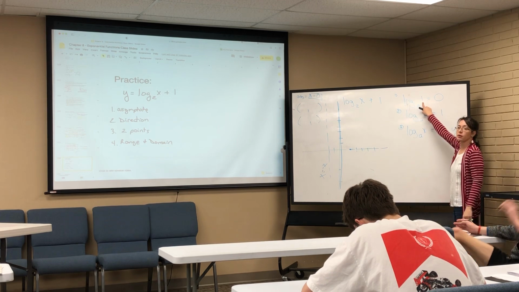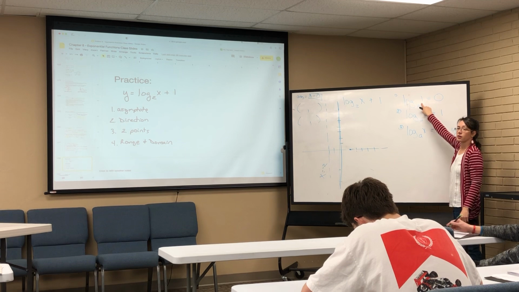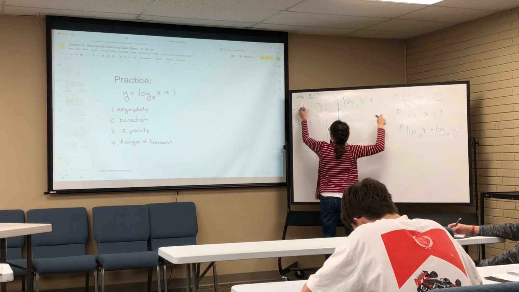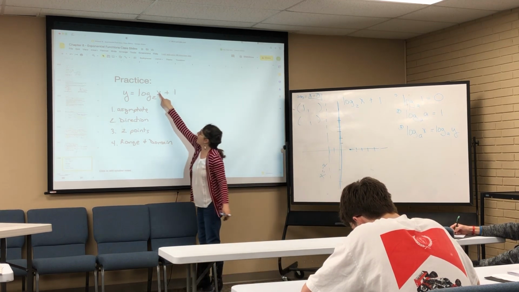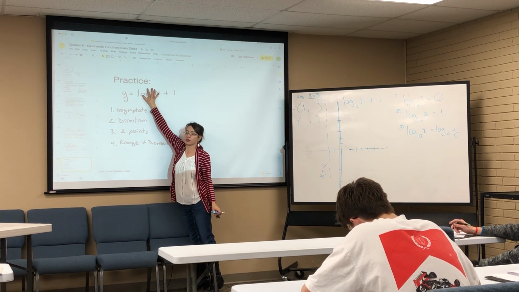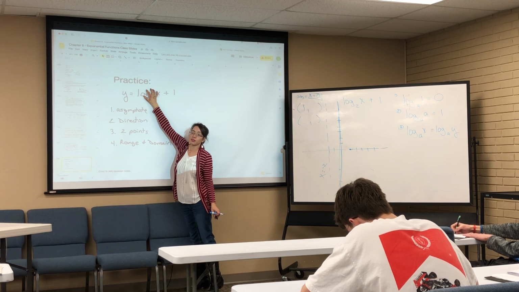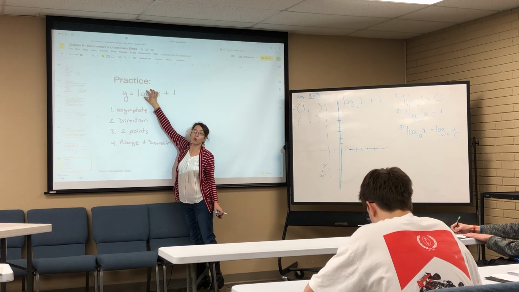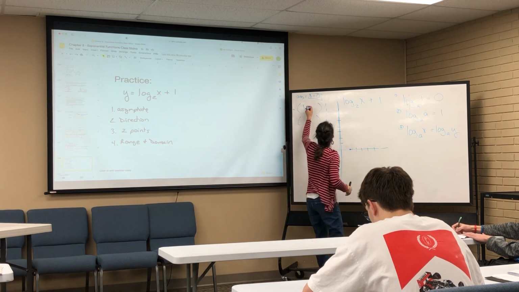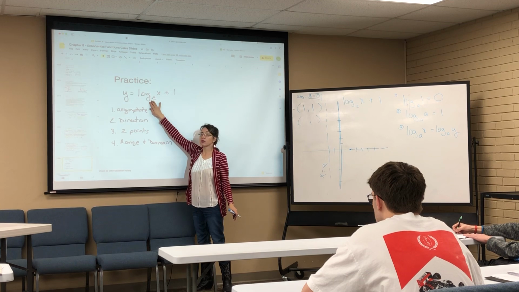The first point we're going to pick is we want x to be 1. When this x is 1, this entire log part turns into what number? 0. Now I have y equals 0 plus 1. So y equals 1. Good job, Jace. Do we see how we replace this with 0?